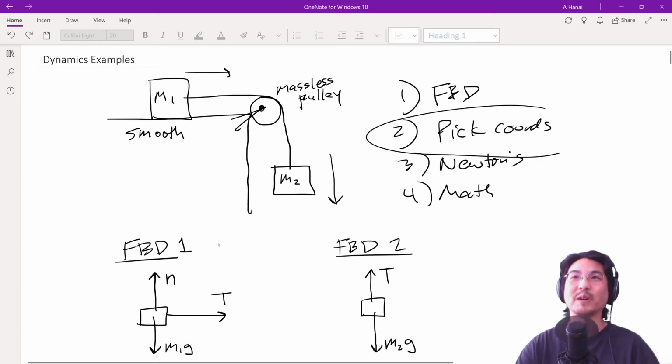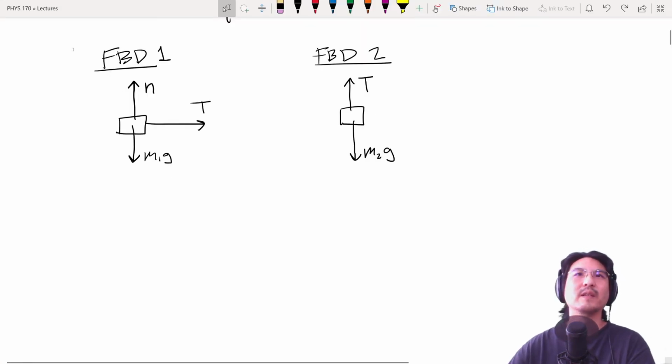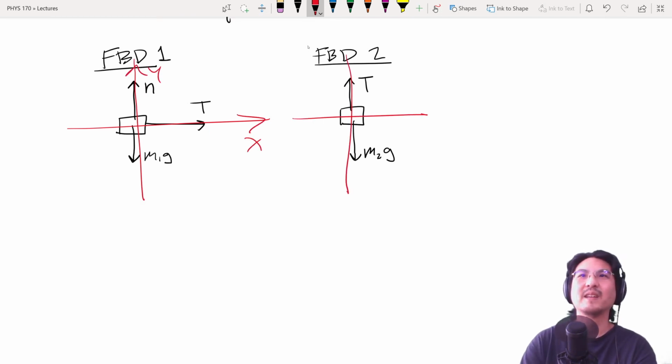Step 2, however, this is where each of us could pick different coordinates. You could pick coordinates like this, and that's perfectly fine.